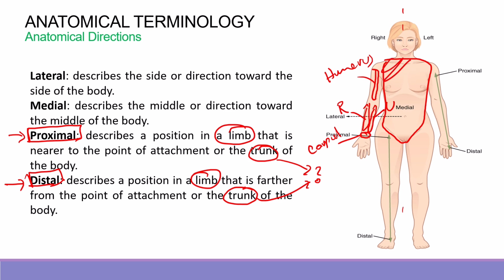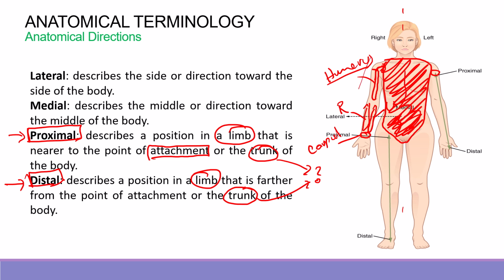All of this in red that I'm drawing is what is known as the trunk. Whatever is closer or attached, and this is the key here, attached to the trunk, that makes that structure proximal. So if you follow this drawing, the humerus is always proximal because it's the bone that attaches to the trunk.